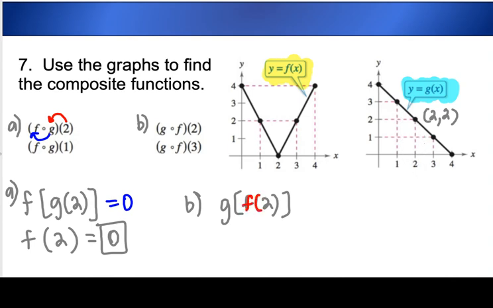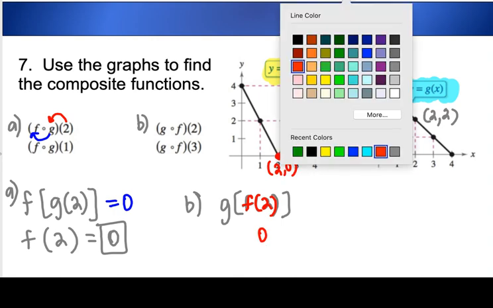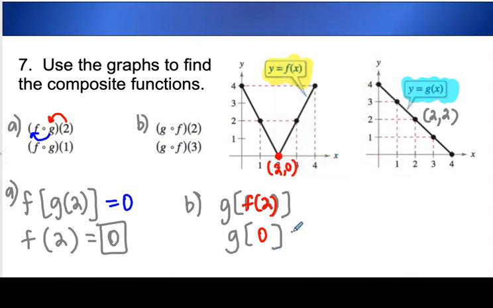Well, f of 2, I'm going to go over to the f function, that's the one on the left, and when I put a 2 in, I get a 0 out. So that's a 0. So now we have to calculate g of 0. So we're going to go over to the g function on the right, put a 0 in, and when we put a 0 in, we get 4 out.